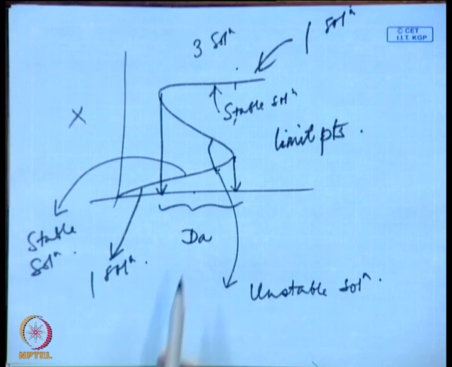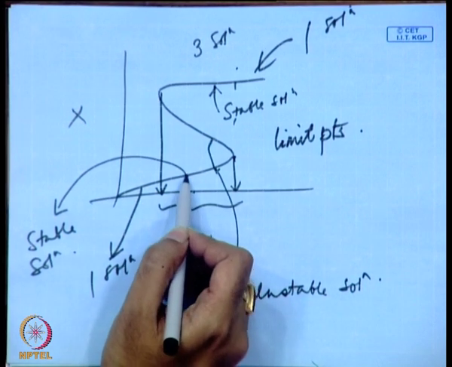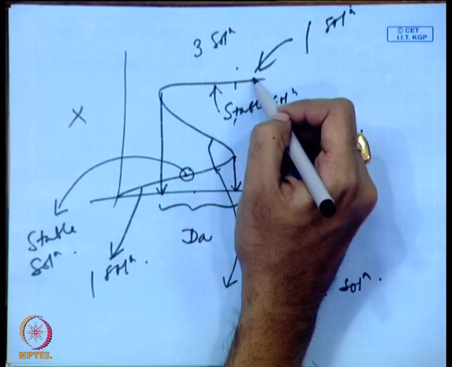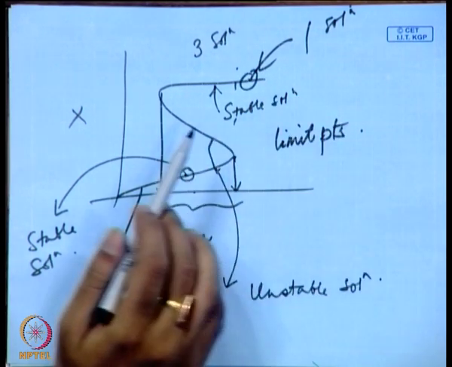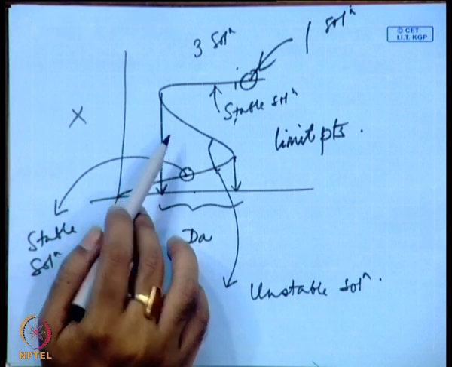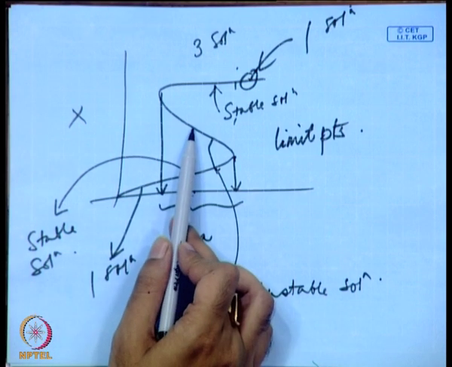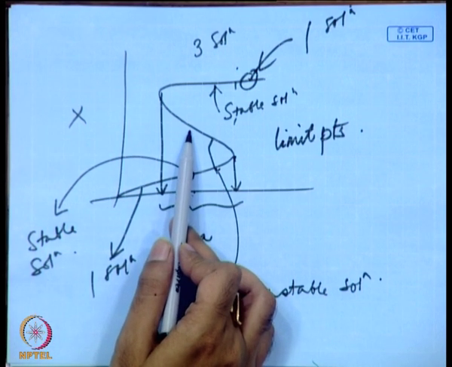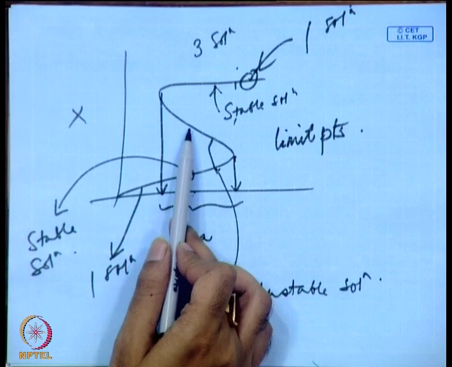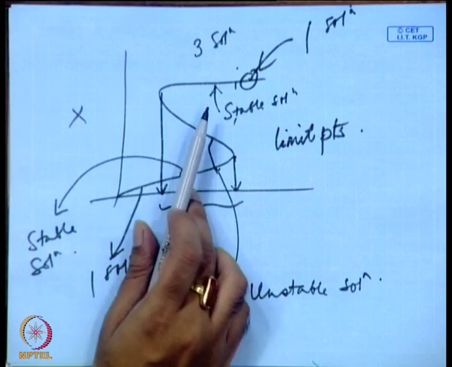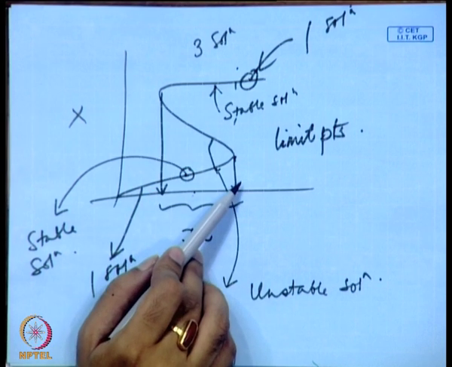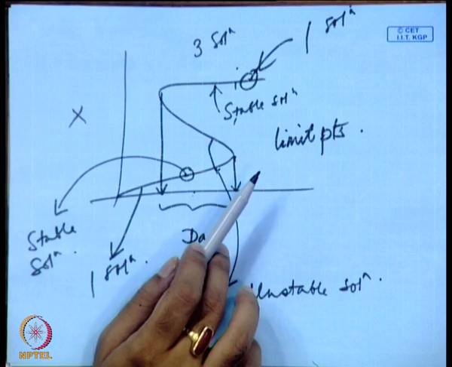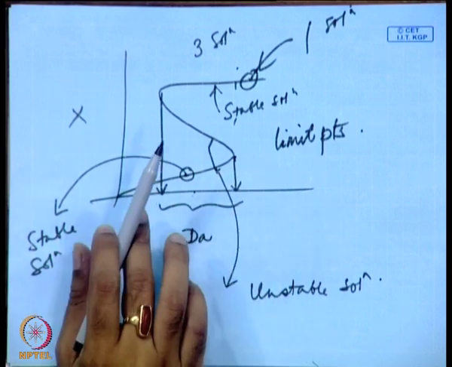So, the bottom branch is a stable solution, the top branch is a stable solution, and the middle branch is an unstable solution. Why is it unstable? Because if you for some reason go into the unstable branch and allow the system to stay there, it will either go to the top branch or the ignited branch, or go to the bottom branch or the extinguished branch, depending on whichever is closer to it. It does not stay there for very long.